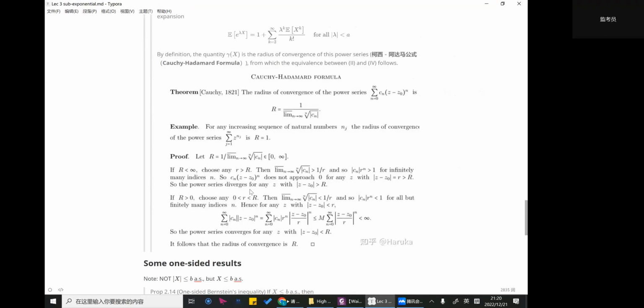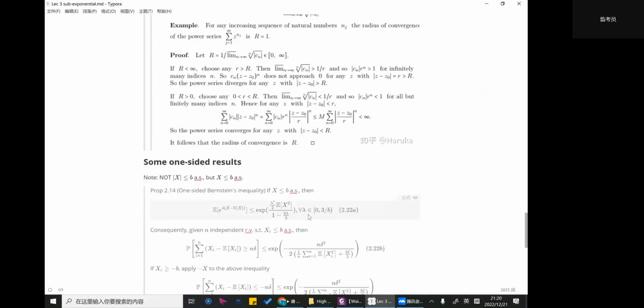So the power series diverges. Because this is larger than 1 for infinitely many indices, this summation does not converge, of course. And also when little alpha is less than big alpha, then the summation of these terms must be finite, so we get that the radius of convergence is r.